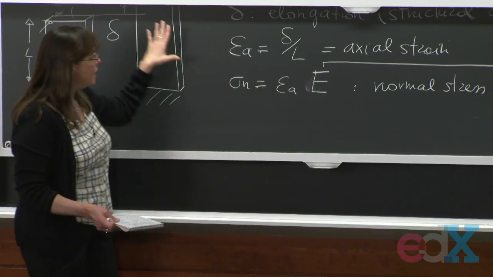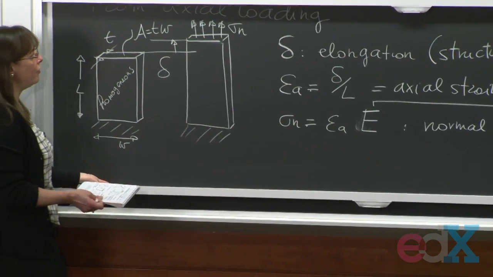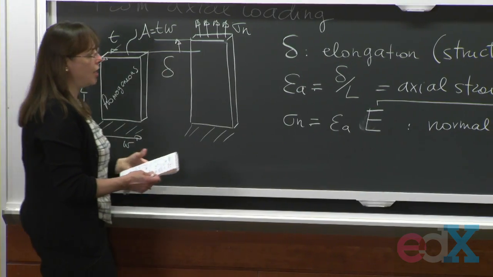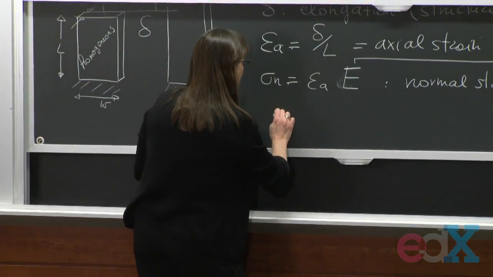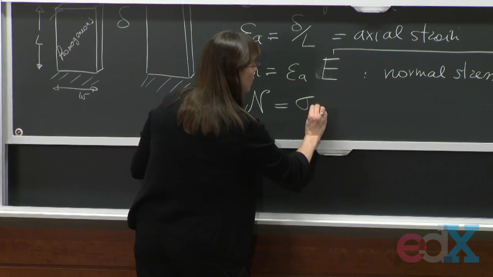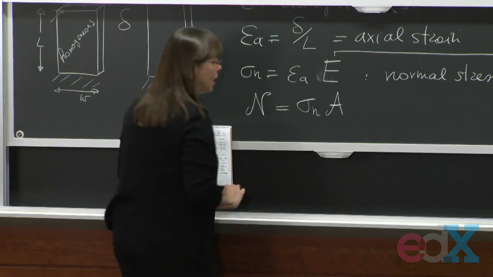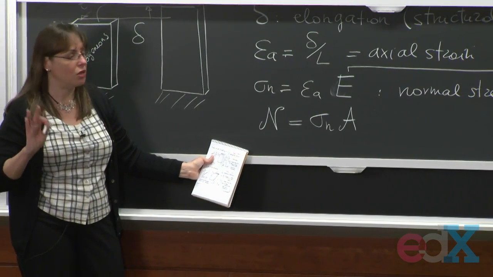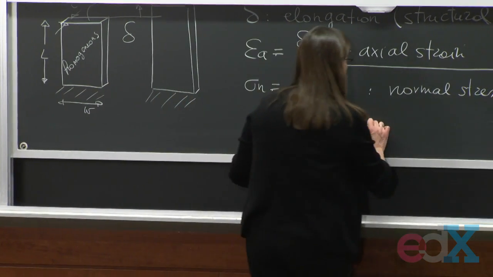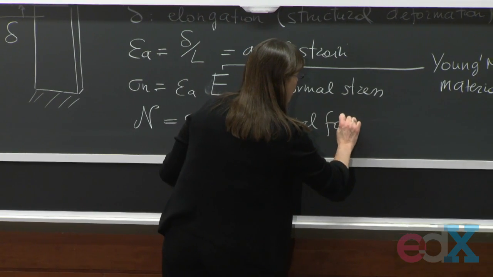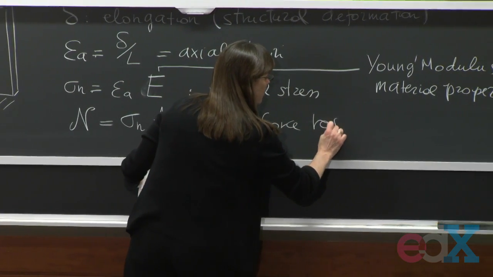And then if I have a sigma n over the cross-section, and the cross-sectional area is A, then my axial force resultant is simply equal to sigma n times A, because sigma n is uniform over the cross-section. So things are easy, and this is what we call our axial force resultant.